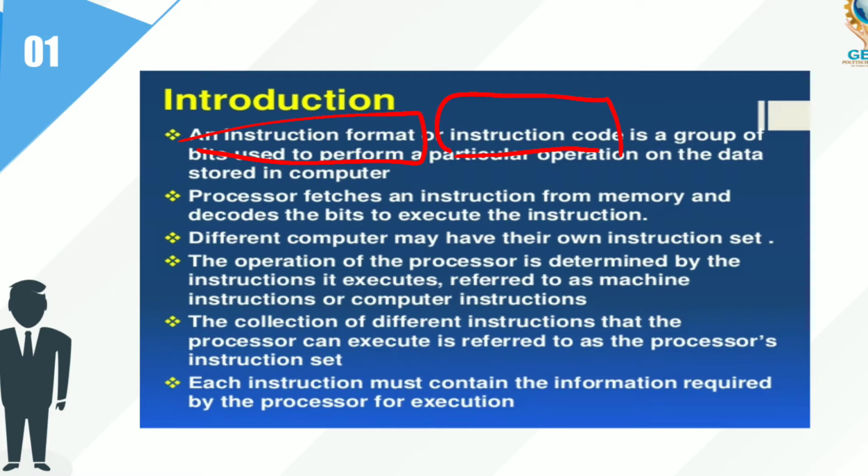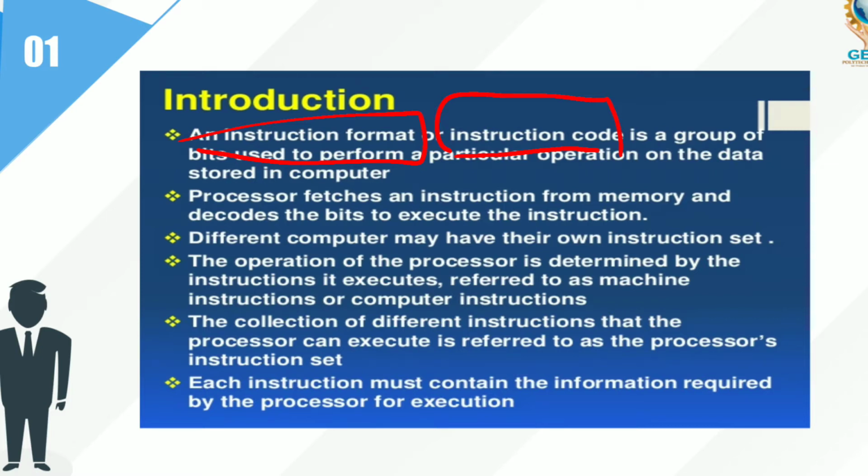Already I said why we are using instructions. Instructions are nothing but commands and rules we use for doing certain tasks. In the same manner, we also use instructions in the computer to do the task.